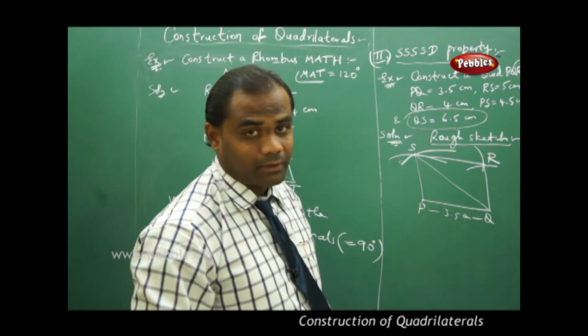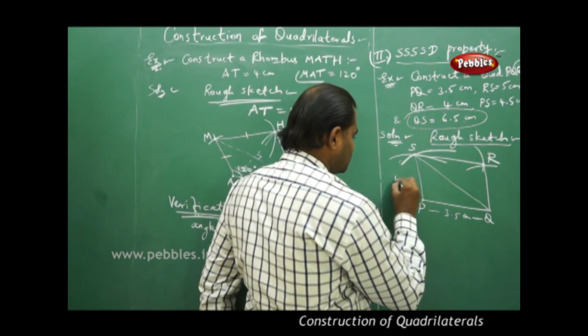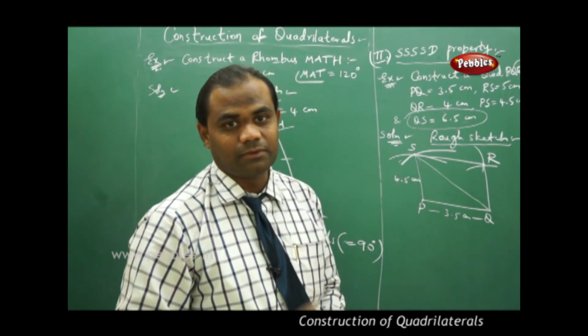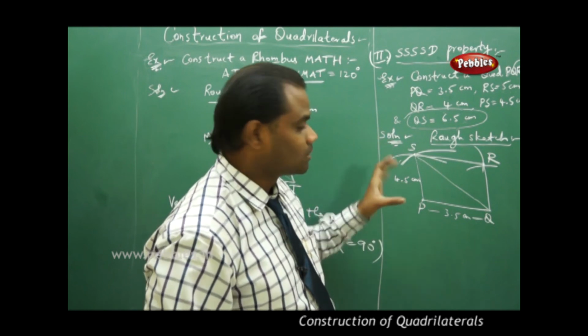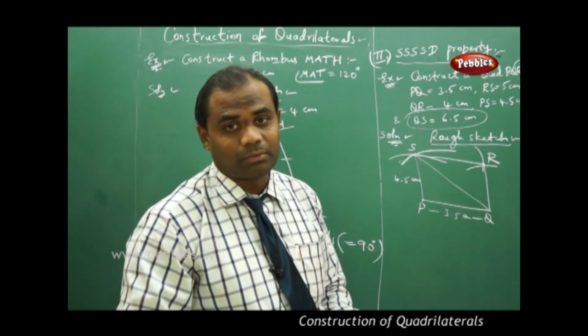Now you have to verify each of the measurements, which I've taken, such as PS is 4.5. You can verify them after you construct, because sometimes we make mistakes. So rechecking the dimensions of each side is very important by the end of the problem.